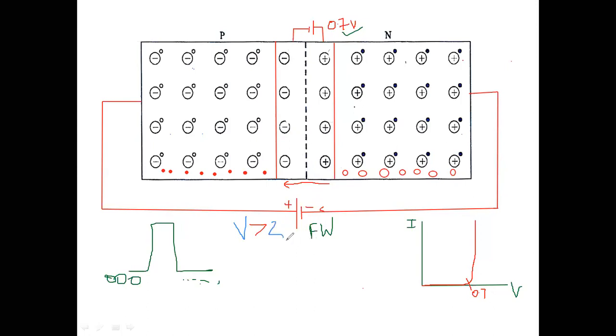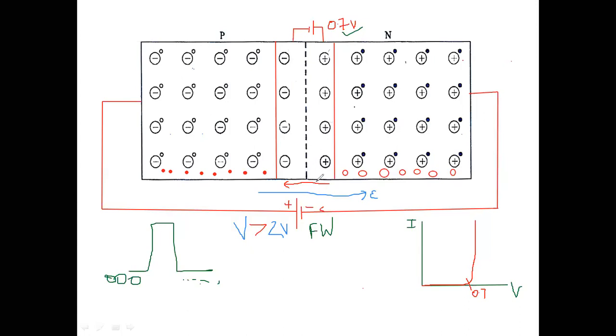So what will be the electric field due to this external applied bias, from positive to negative only? This is the direction of electric field due to externally applied voltage.